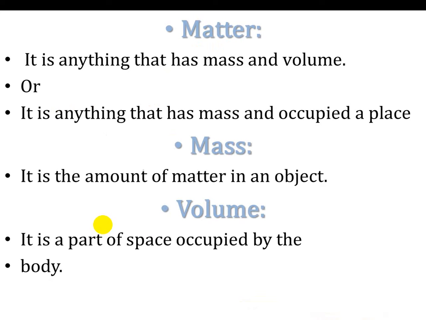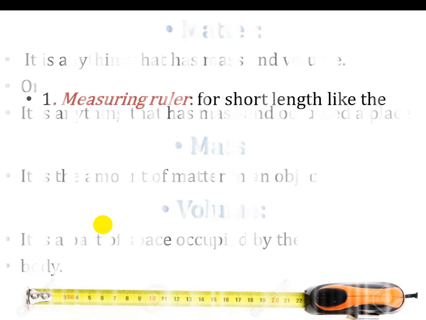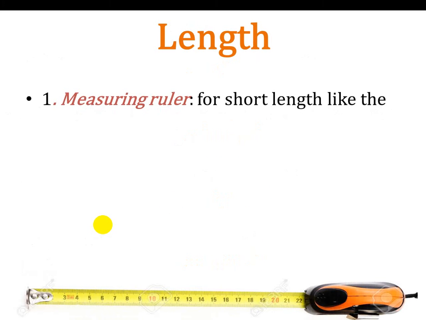And the mass is the amount of matter in any object. Volume is the part of the space occupied by the body. And the measuring tools, any concept, which is length or mass or volume, they all have two things.